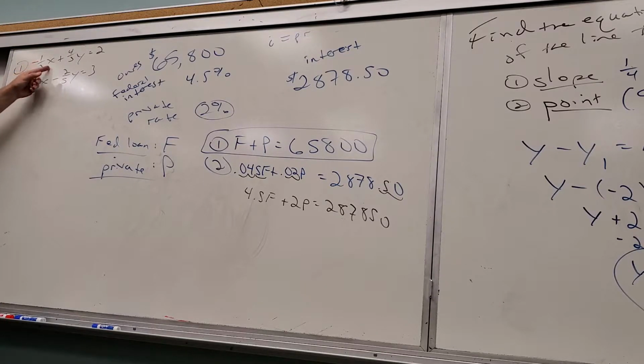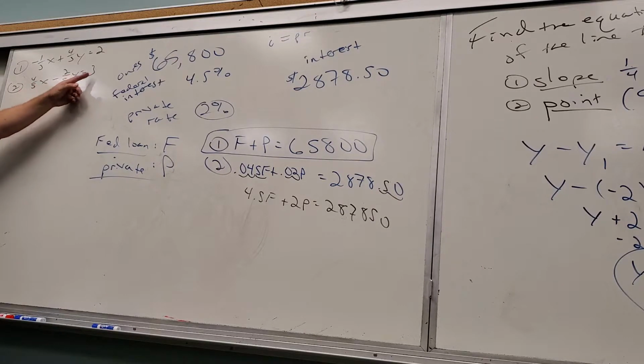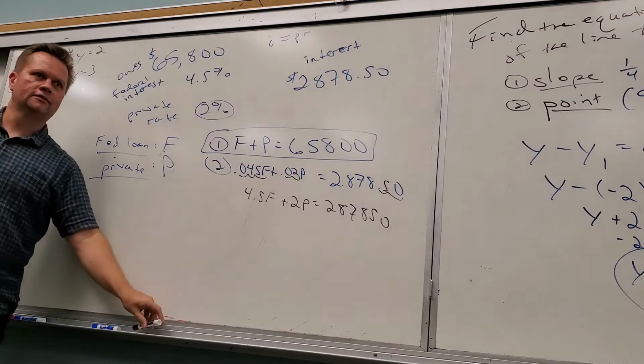No. If you multiply both sides, it's the same equation. It just looks a lot better. What are you going to do to the second equation? Multiply by 5. As long as you do both sides, it's the same problem. You just made it look a lot better. I get it.